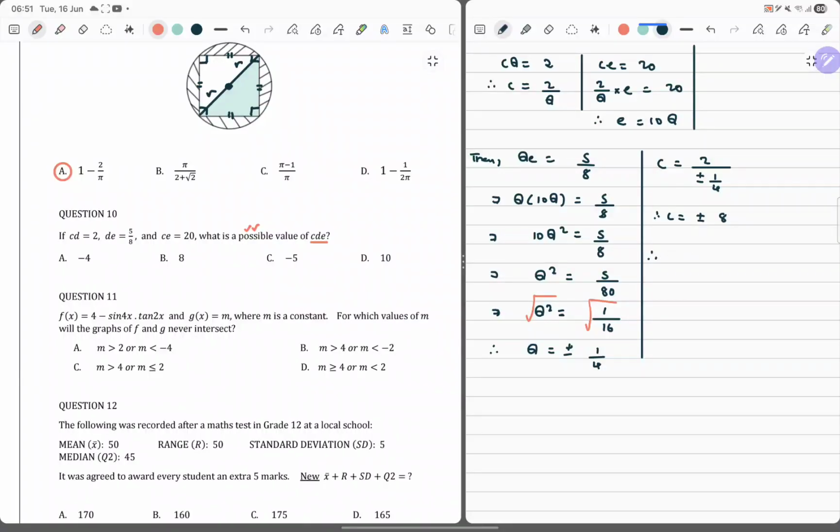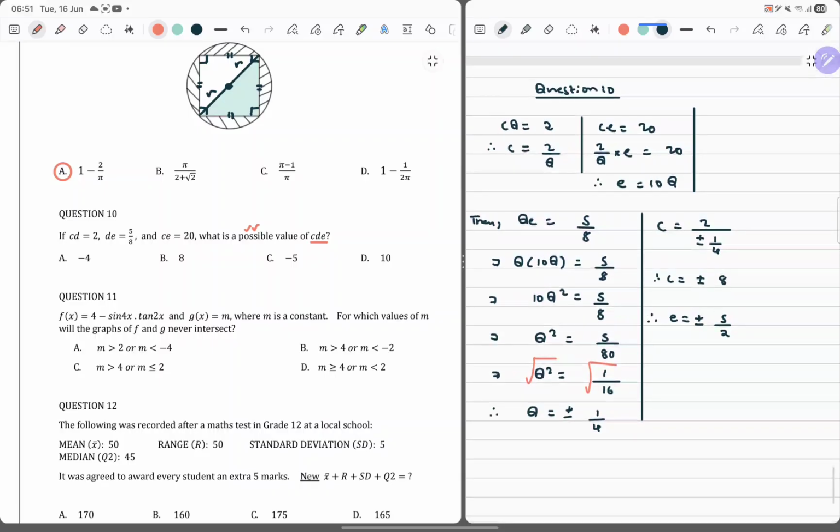Therefore, the same applies for E. So now if you multiply this by a quarter, that's going to be 5 over 2. So it has to be plus or minus 5 over 2. Right. Now we've got all the values of C, D, and E. Right.